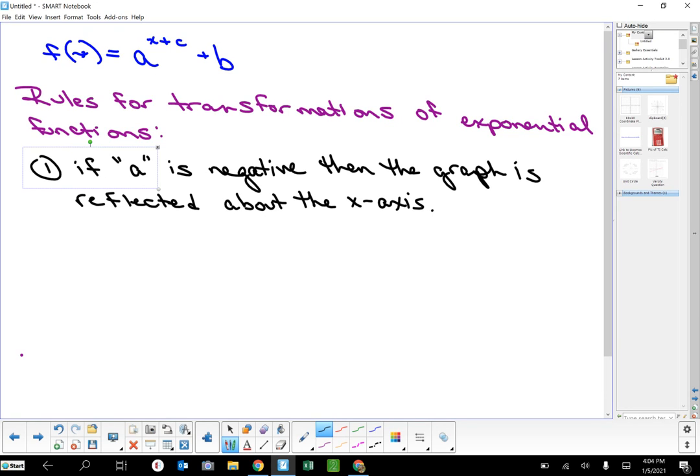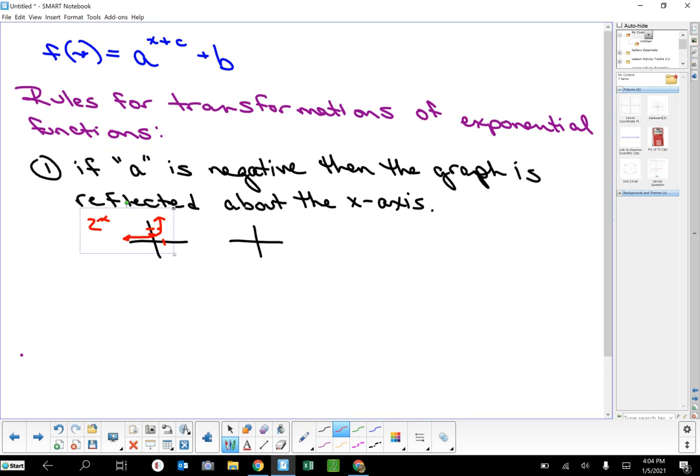Okay, so a little picture real fast. Here's a graph, and we're talking about 2 to the x. It's going to go through here, and here and here. That would be that graph, right?